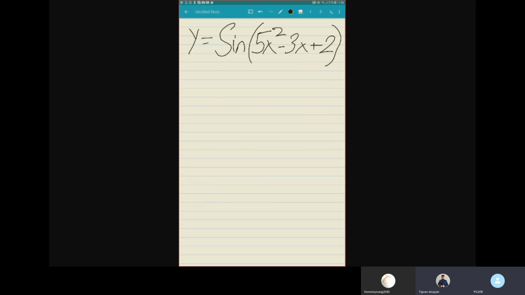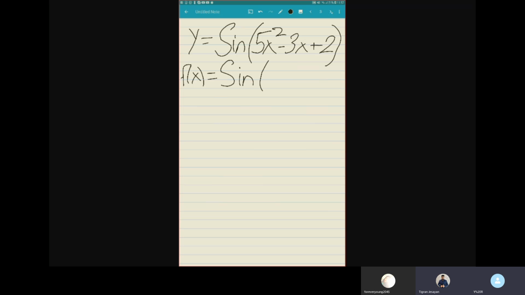So y is sine of 5x to the power 2 minus 3x plus 2. So we need an f(x), which is what?